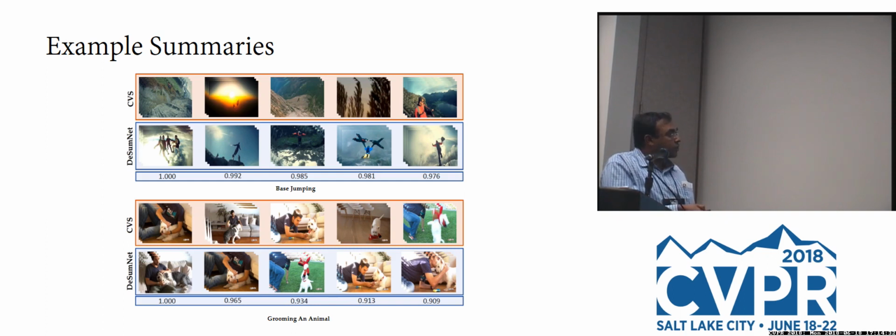What we see is that we identify frames that are more relevant to the topic, for example, base jumping, by learning what is important in those videos. So if you are given a lot of videos of base jumping, the system first learns that there is something unique about all of them. And based on that, it identifies on the test video what is the best summary to obtain.